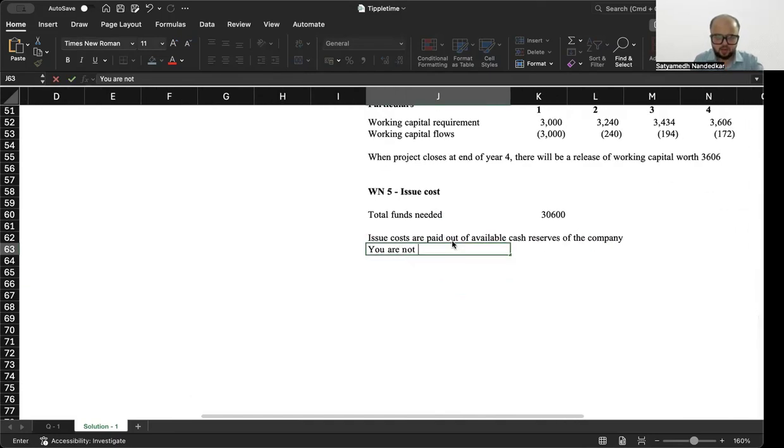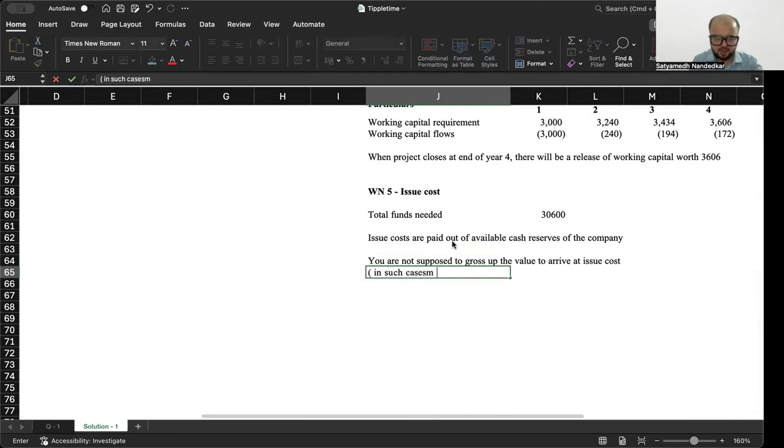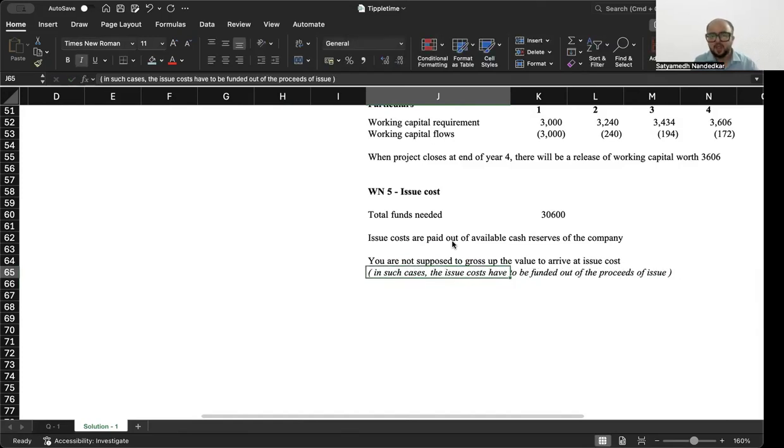You are not supposed to gross up the value to arrive at issue cost. In such cases, the issue costs have to be funded out of the proceeds of issue. Here you are not supposed to do that. Issue costs are paid out of available cash reserves.